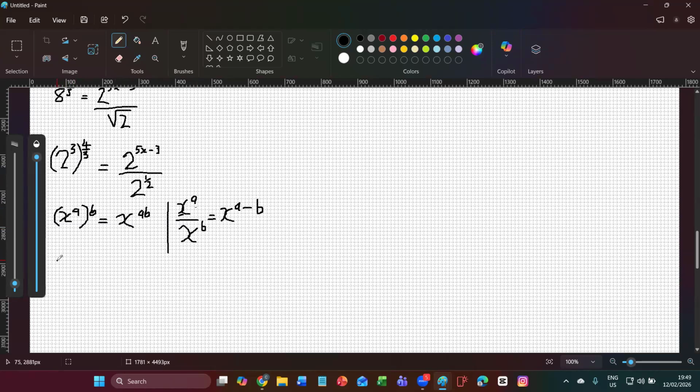So let's deal with the left hand side. The left hand side will now look like this: 2 raised to the power of 3 times 4 over 3. I'm trying my best to write that small so it doesn't mess things up for me.